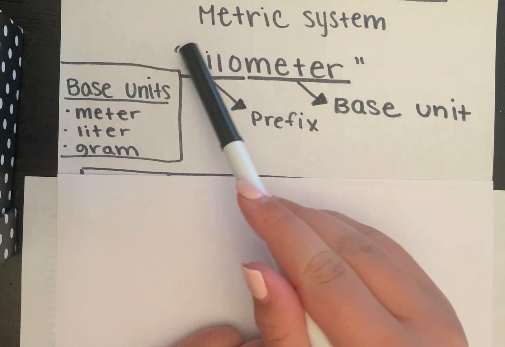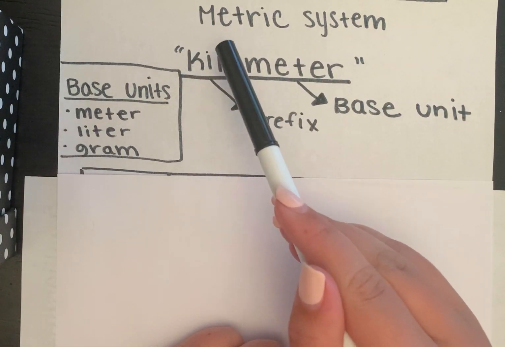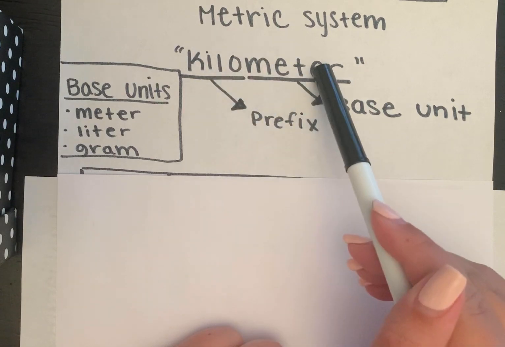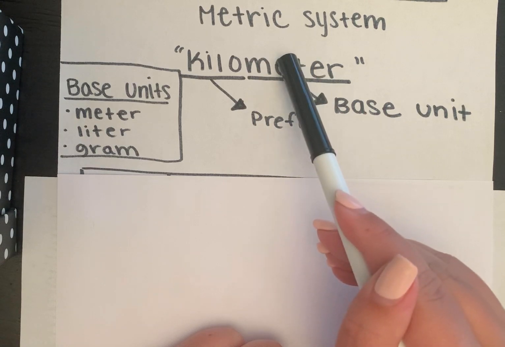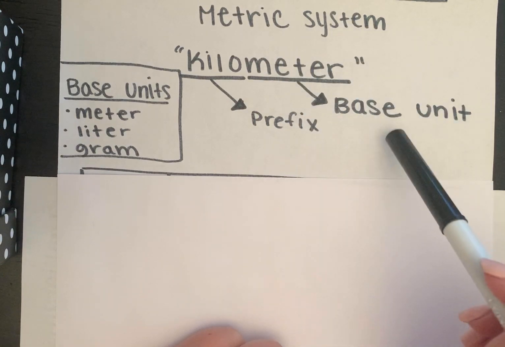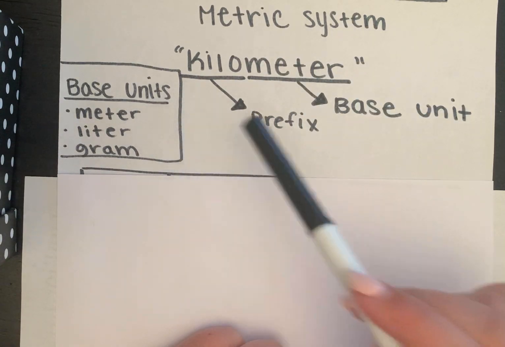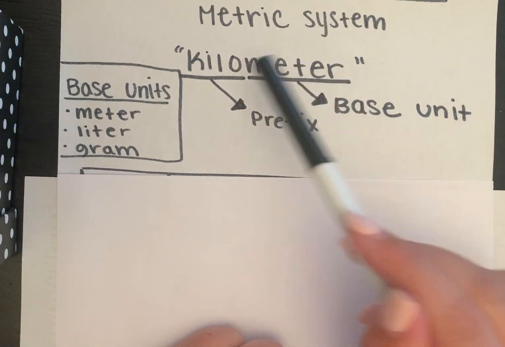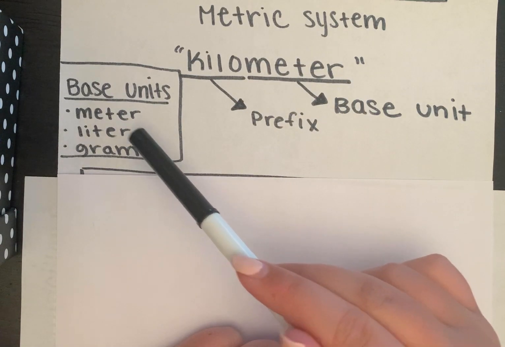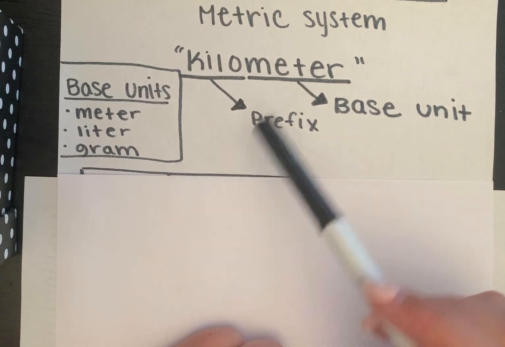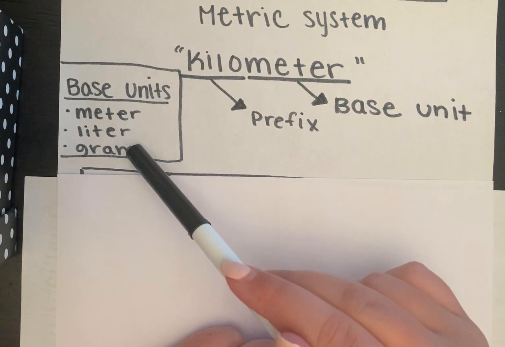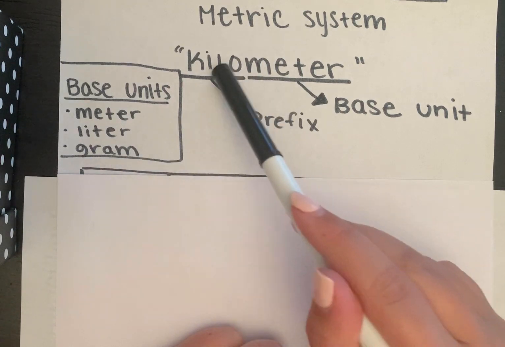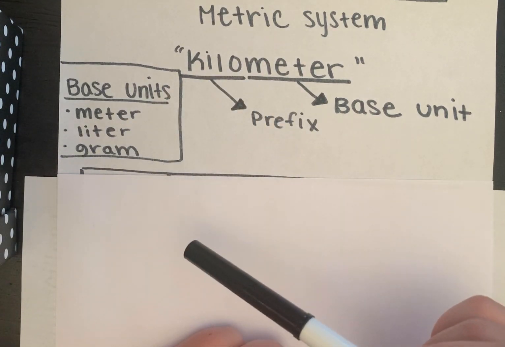Now your prefix, that little part that comes before it, tells us what type of meter it is, okay? So there are three different base units that we're going to be talking about. One of them is meter, the other one is liter, and the third one is gram. So we can use this prefix for all of these: kilometer, kiloliter, kilogram. We can use that prefix for any one of these base units.